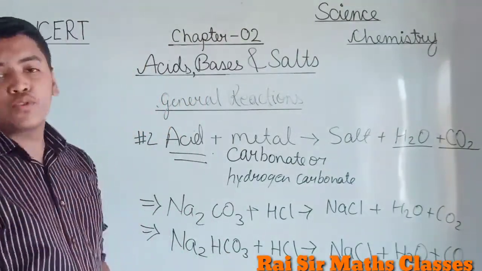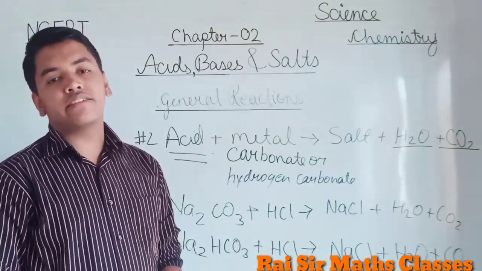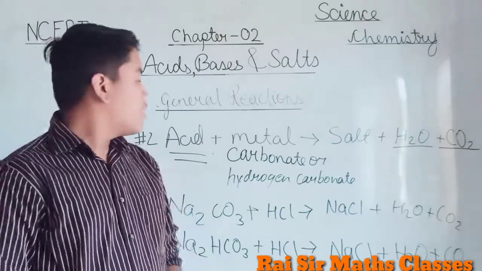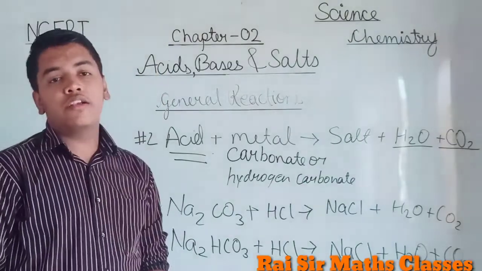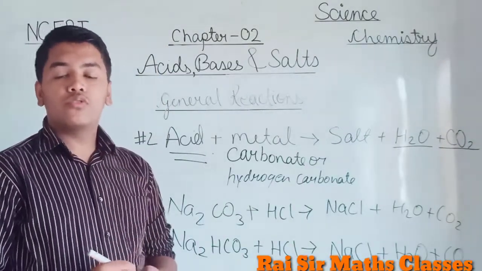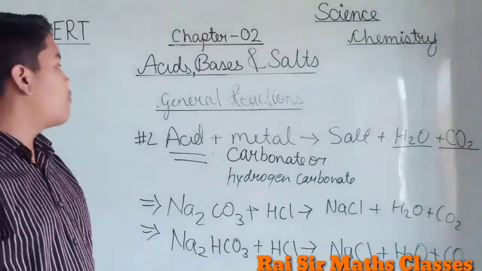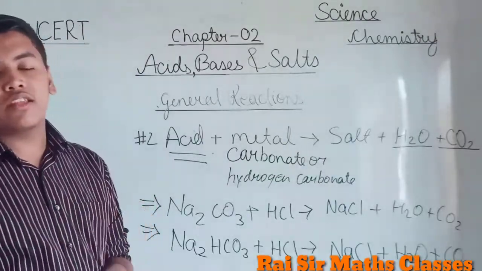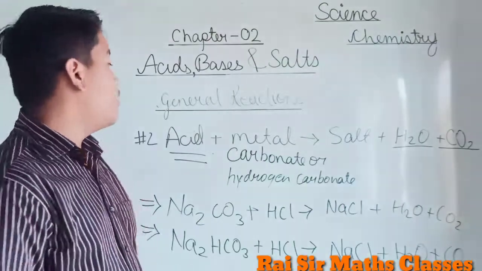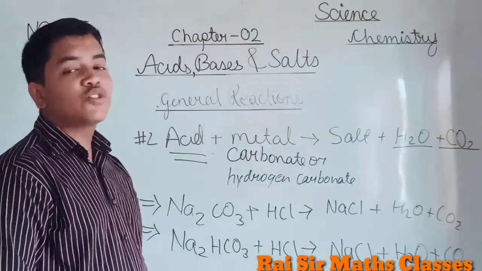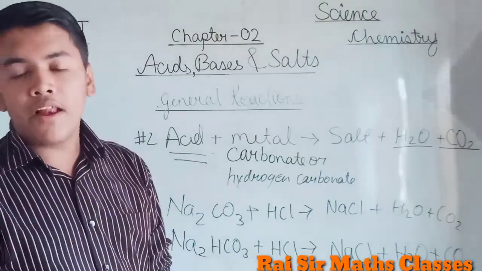So sodium carbonate reacting with hydrochloric acid, HCl, gives us NaCl, water plus carbon dioxide, and it is especially an exothermic reaction. In this reaction some amount of heat is produced. So this is the second type of reaction, where carbon dioxide and water are released with salt in the reaction of acid with metal carbonate and metal hydrogen carbonate.